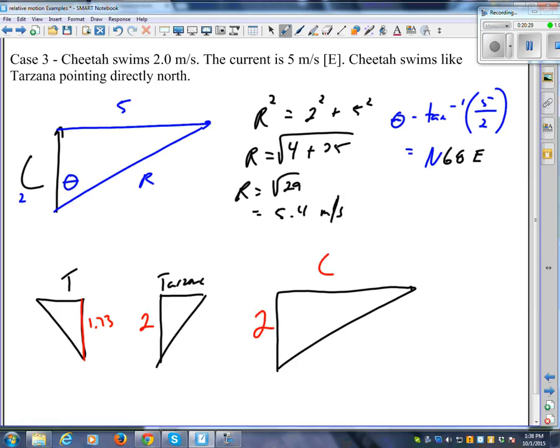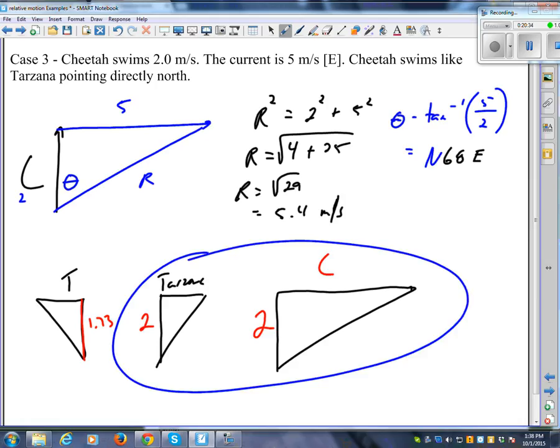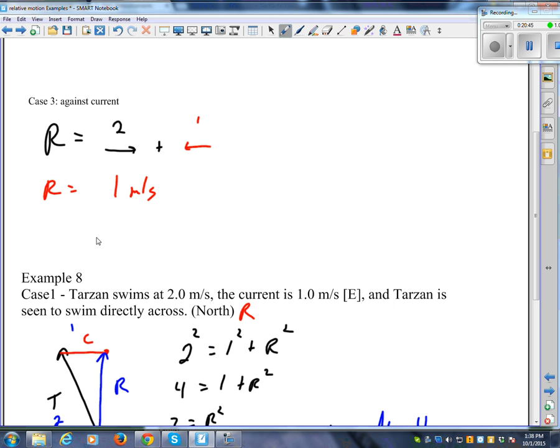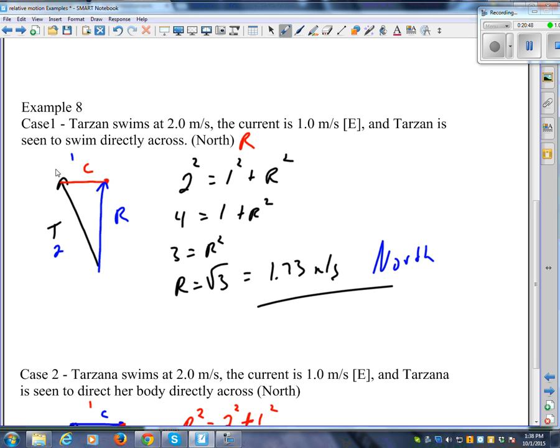So in fact, who are the winners? Oh, the handout says everyone went 2, so no. What? Yeah. Tarzan swims at 2. Tarzana swims at 2. Let me see that. No. Tarzan swims at 2 at an angle. His velocity straight across is only 1.7.